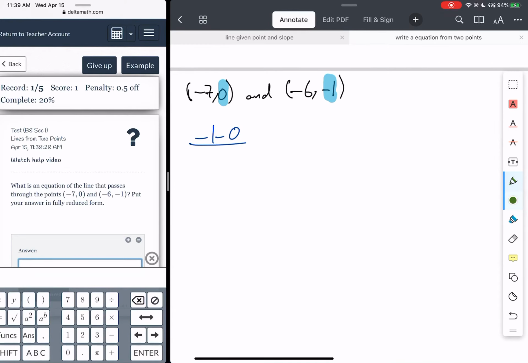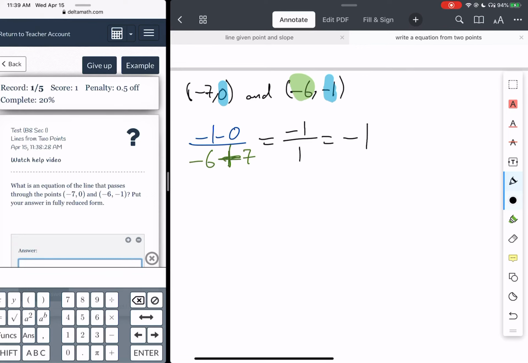And since I did -1 first, I need to do -6 first on bottom. So -6 minus -7, which again, when you subtract a negative, that's the same as adding. -1 minus 0 is -1. -6 plus 7. If different signs, we need the difference between the two. 6 and 7, their difference is 1. Since 7 is positive, it's 7 minus 6, 1. So my slope is -1.